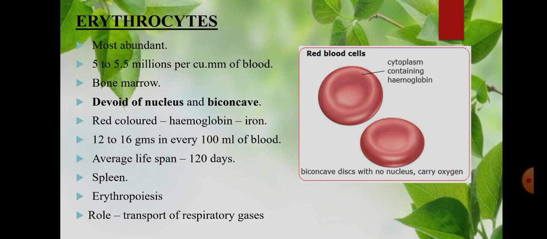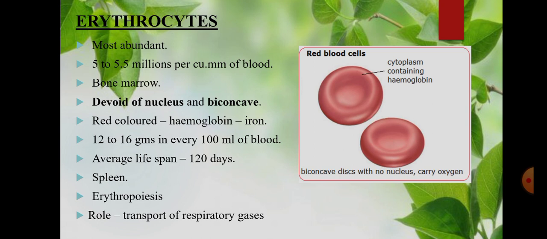So a healthy individual should have 12 to 16 grams of hemoglobin in every 100 ml of blood, and RBCs have an average lifespan of 120 days or 4 months. Okay, 3 to 4 months is the lifespan of RBCs, and after that lifespan of 120 days gets completed, they get destroyed inside the spleen.